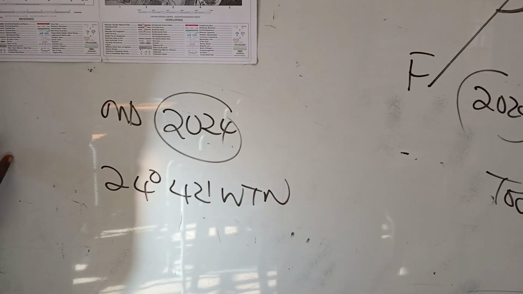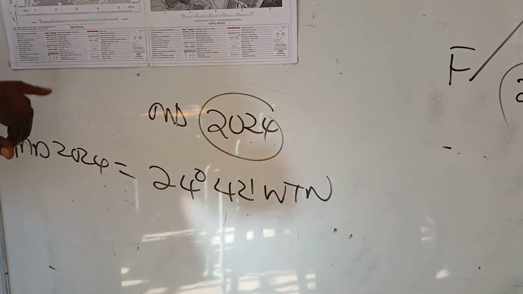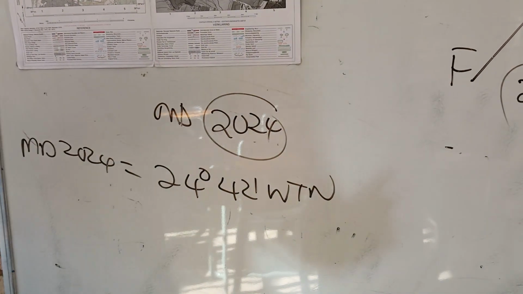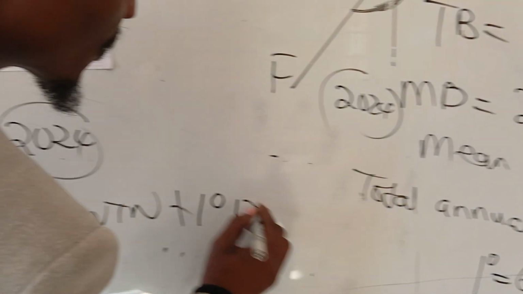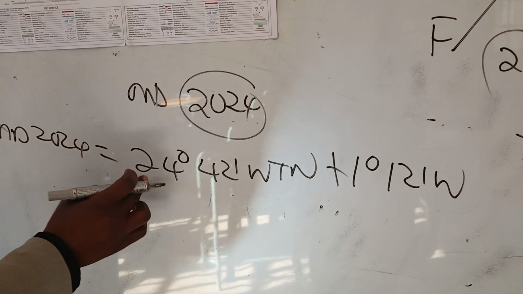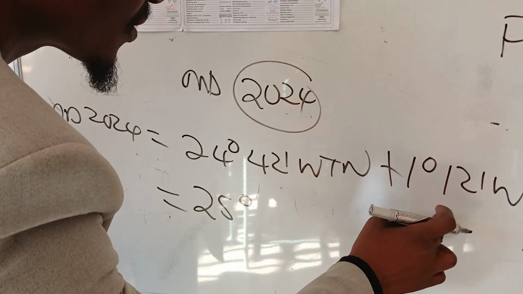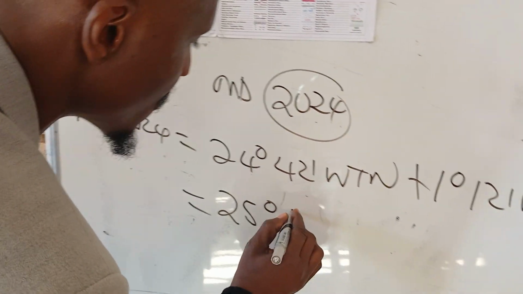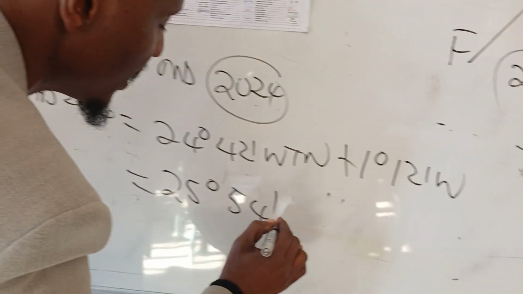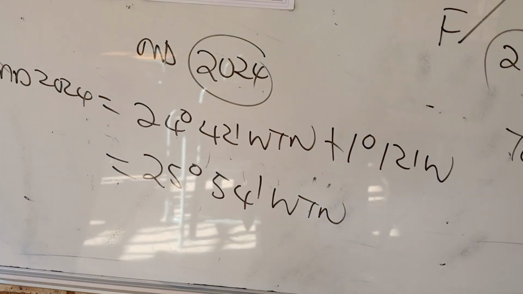So in order to get the MD for 2024, we take what we had in 2016, then add our total annual change, which is 1 degree 12 minutes westward. When we add the two, 24 plus 1, we get 25 degrees, and 42 minutes plus 12 minutes gives 54 minutes, west of true north. That's how you do your magnetic declination.